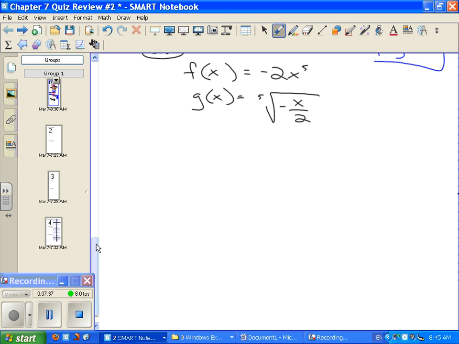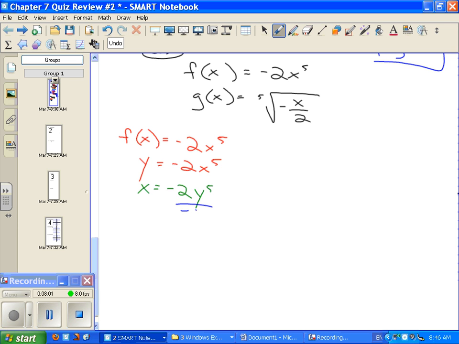Okay, so if I go f of x equals negative 2x to the 5th, we know that that's really y equals negative 2x to the 5th. Swap. Now what? Divide by negative 2.